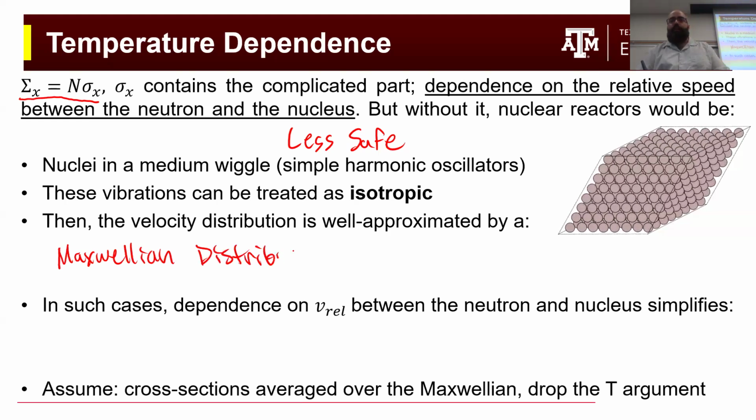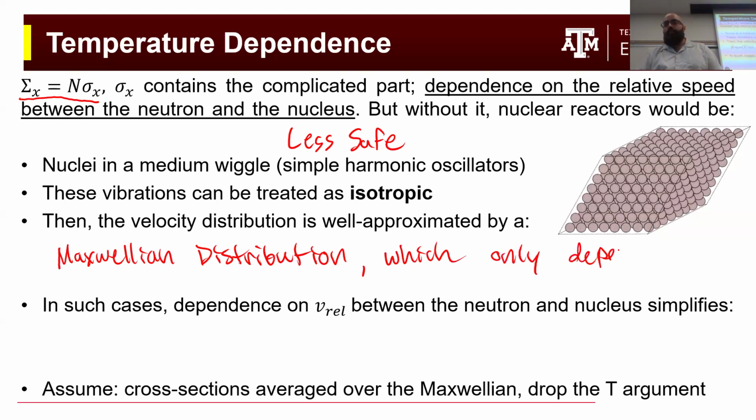The vibrational velocities are approximated by this distribution, and the Maxwellian distribution only depends on the temperature of the material. So it's a distribution which only depends on the temperature of the material.